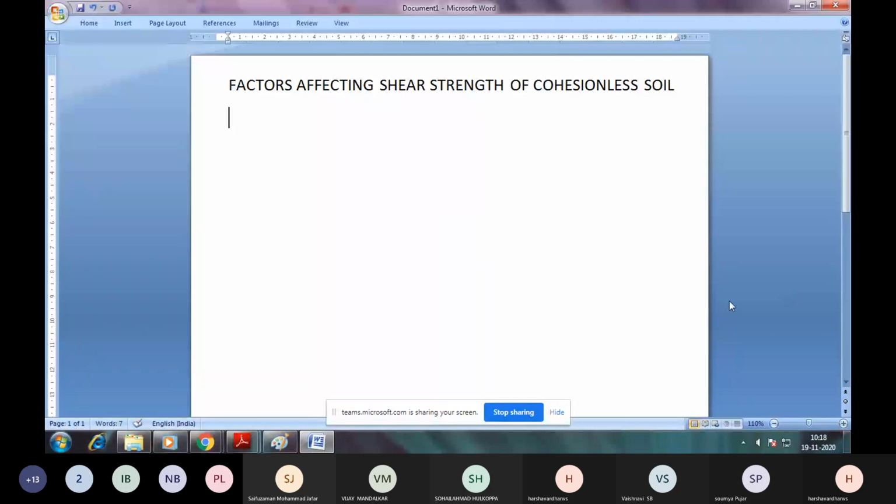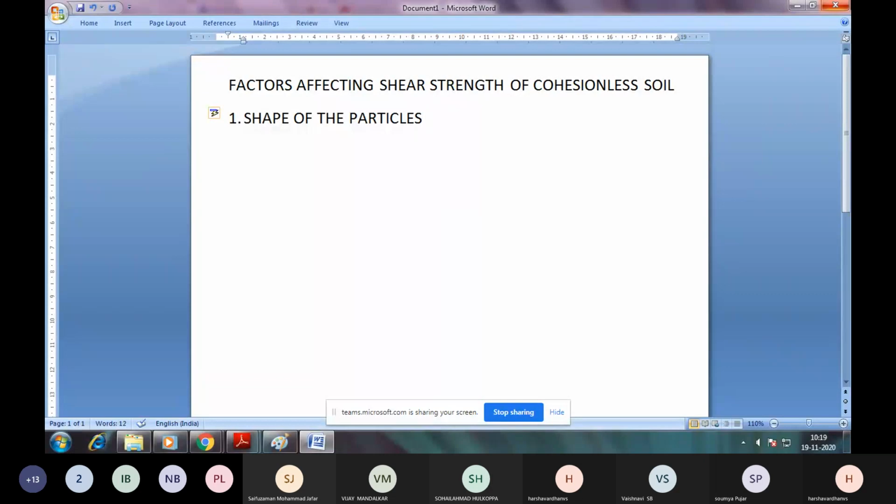The first factor that affects the cohesionless soil is the shape of the particles. When I say shape of the particles, the shape of the sand particle may be angular, it may be rounded, or it may be flaky, the edges may be sharp or whatever. Now, the shape of the individual soil particle.